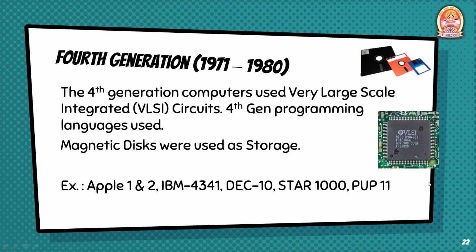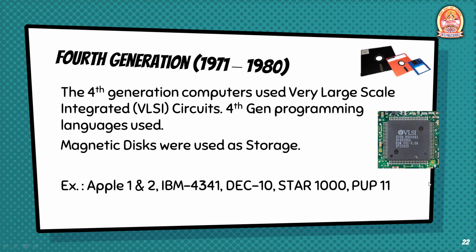That means very large scale integrated circuits. VLSI circuits having about 5000 transistors and other circuit elements with their associated circuits on a single chip made it possible to have microcomputers of the fourth generation.